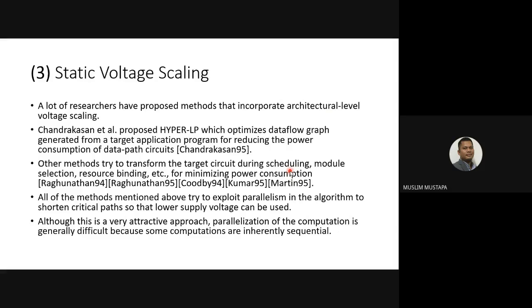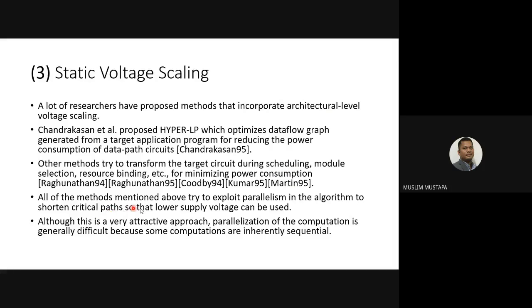Of course, if you want to execute something in parallel, your architecture needs to support parallel processing. So that also comes with a cost. But again, when we talk about trade-offs, what do you want? In the end, what is the priority for your product? Is it cost or is it power consumption? So it really depends.